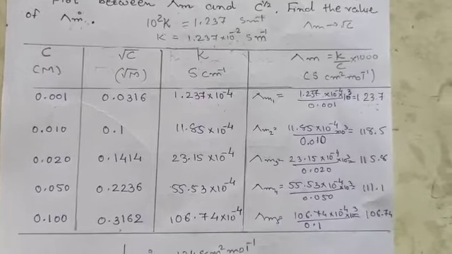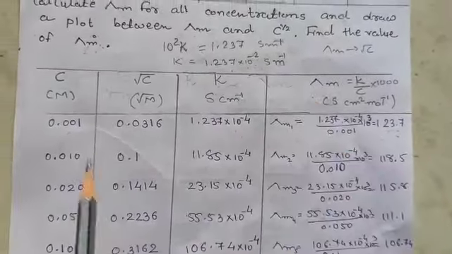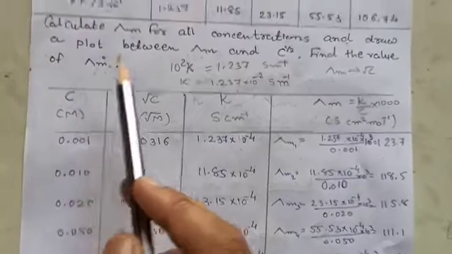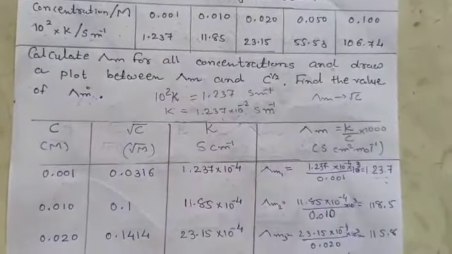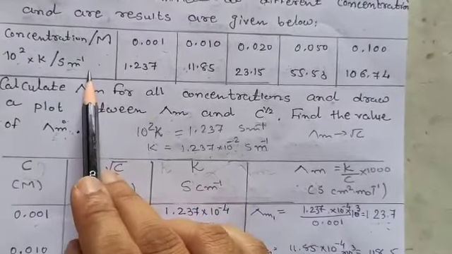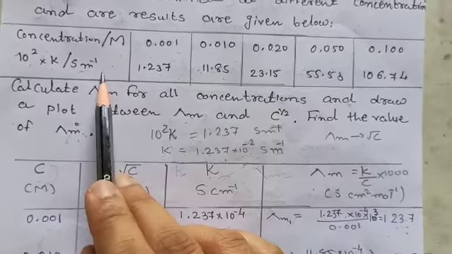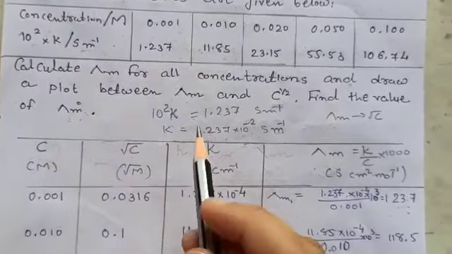Now first of all, prepare a table. For plotting the graph we need lambda m, so first prepare a table in which this is the concentration which is given in the question. Now take the root of these concentrations. Conductivity is also given in the question, in terms of 10 to the power 2 into conductivity.